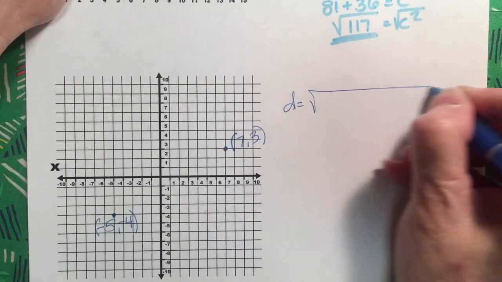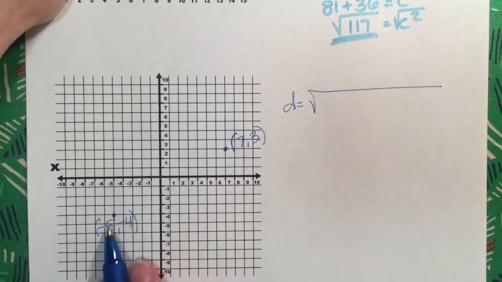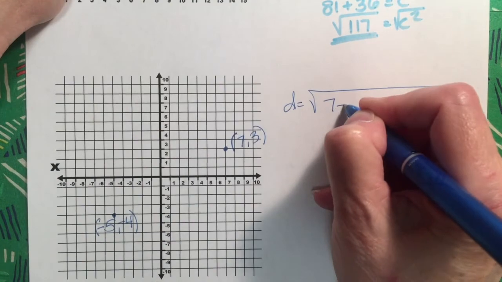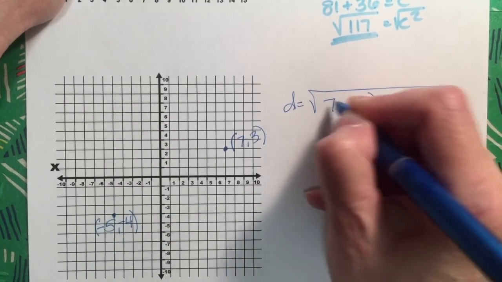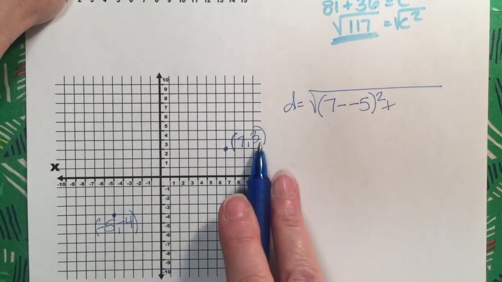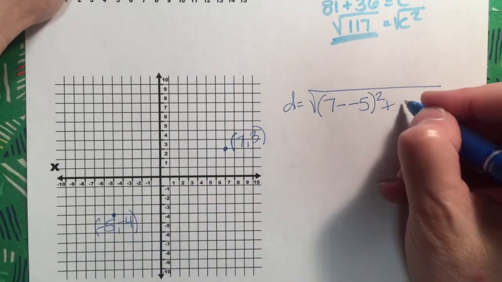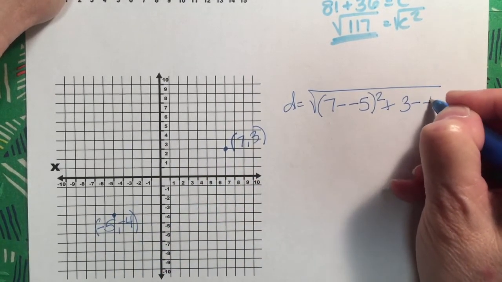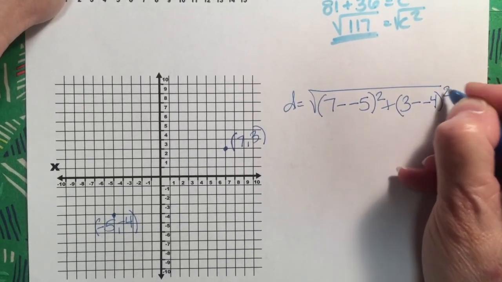The distance is x minus x, 7 minus -5. Think about what that means. Squared. Y minus y, 3 minus -4 squared.